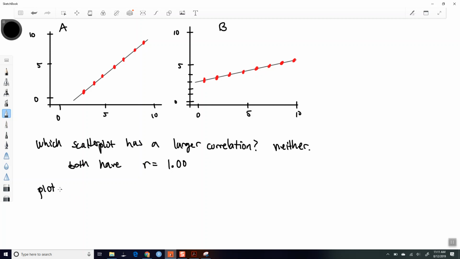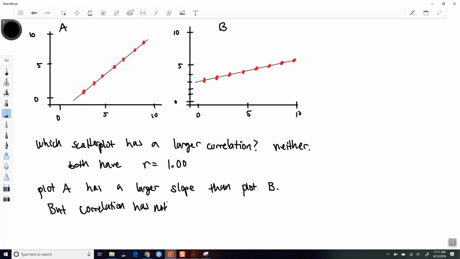Plot A has a larger slope than plot B. But correlation has nothing to do with slope. It only tells us about the strength. Is the strength strong or weak, positive or negative?